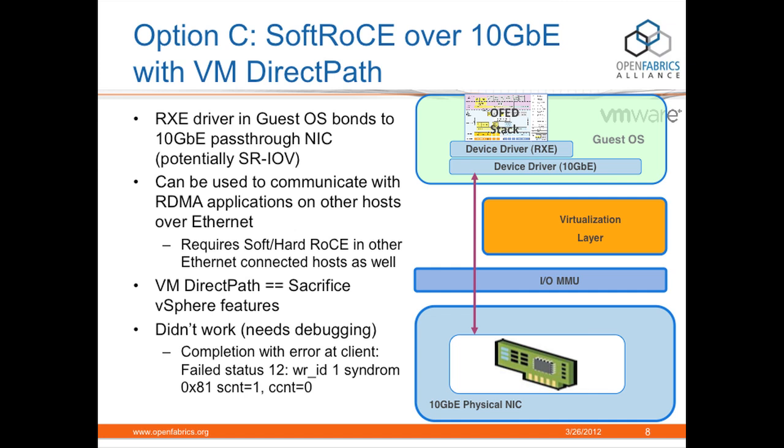And then you can have the SoftRoCE RXE driver bind to this Ethernet device in the guest, and you can have the OFED stack on top and those applications talking to it. If this worked, it would have enabled you to talk on an Ethernet fabric between either virtual machines on different hosts or a virtual machine on a vSphere host and a physical machine.